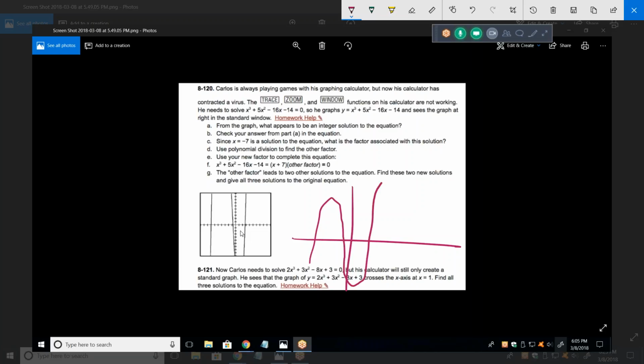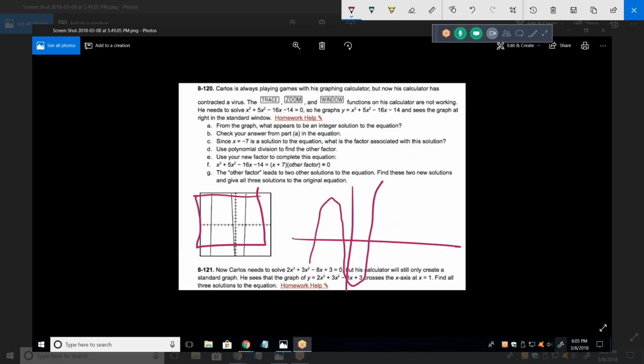That's what a cubic looks like. But when you're zoomed in, all you see is that. So if you can't zoom out, it's much harder to see what the graph looks like. But that's part of the secret of this problem, is that that's what they're trying to do, to get you to figure it out without being able to zoom out.